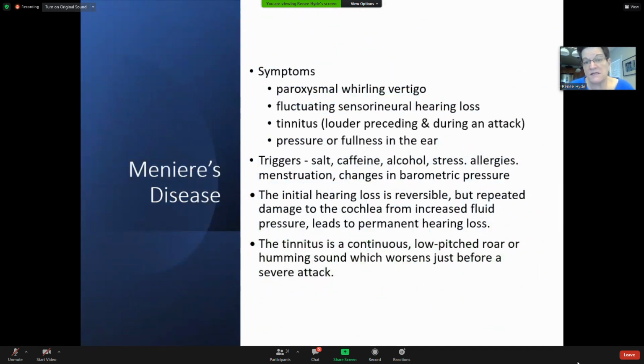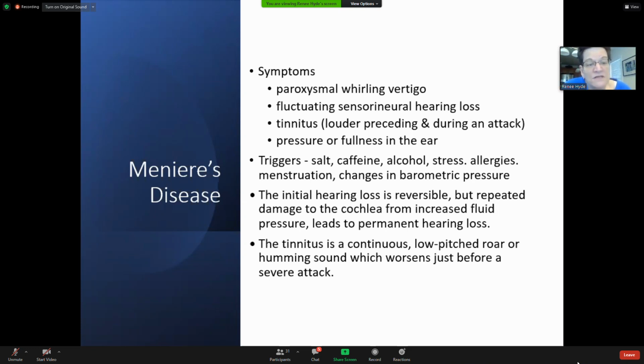Meniere's disease, classic sign is a paroxysmal whirling vertigo. Paroxysmal means it starts suddenly, stops suddenly. Typically, these patients will have a fluctuating sensorineural hearing loss and tinnitus that is louder preceding and during an attack. And they have pressure or fullness in the ear.